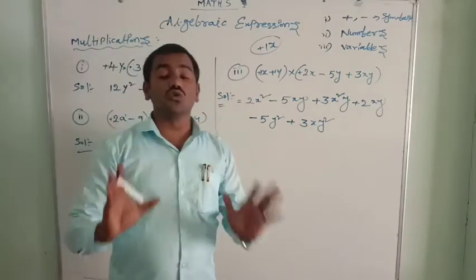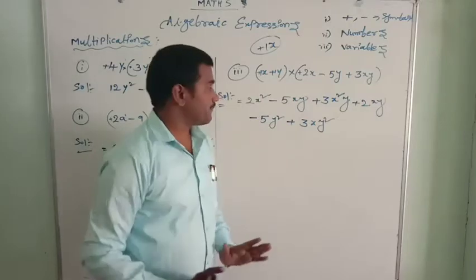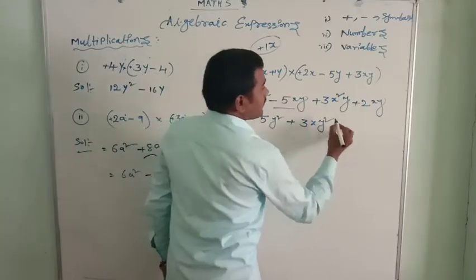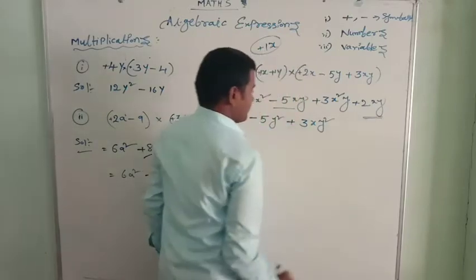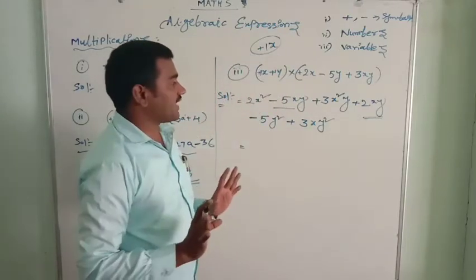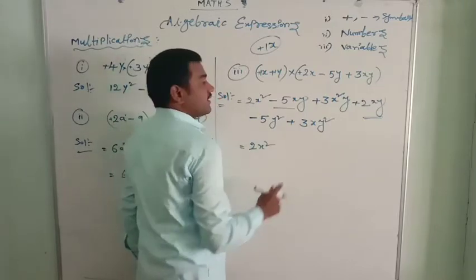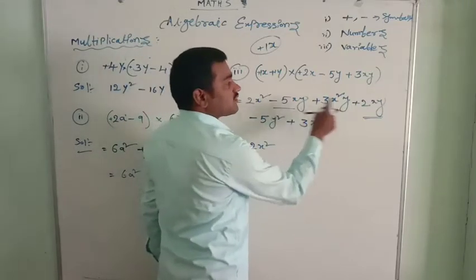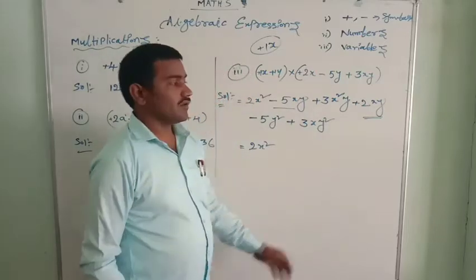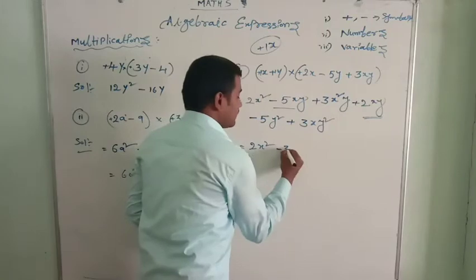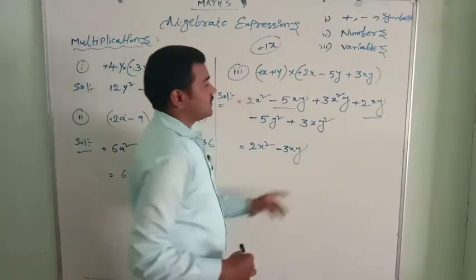From this you need to check whether there are any like terms. So let us see. Like terms: here xy, here also xy. Simple. Those two are the like terms. Other than this, nothing. So this 2x square we write, and here minus 5xy plus 2xy. 2 minus 5 is minus 3xy.